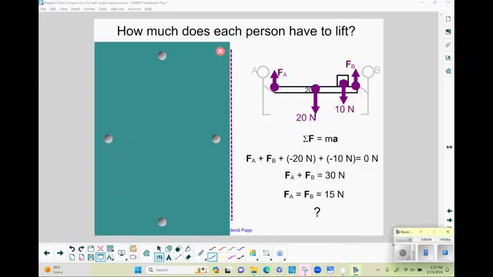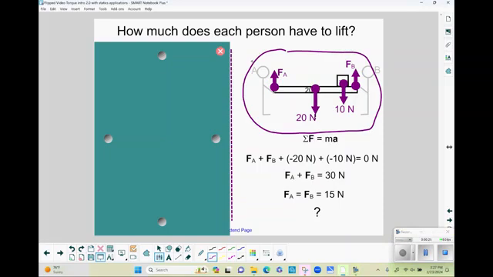Now, if I want to take a look at that second case where I have a 10 Newton block on top of the 20 Newton beam, I still start with the same process where I'm going to go with a free body diagram. Here I can see that I have two forces going down instead of just one. So the total force in the downward direction is 30 newtons. The total upward force must still be Fa plus Fb.